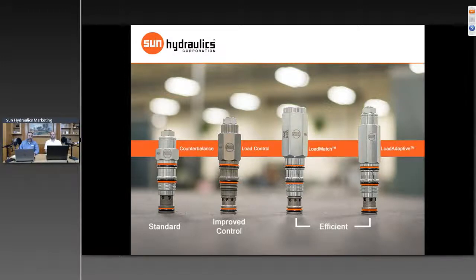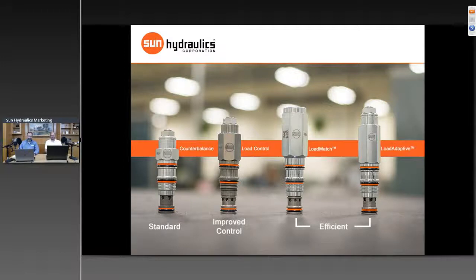Another question just came in. What does Sun recommend regarding the volume between the actuator and the counterbalance valve? The answer there is yes, you want it as small as possible. That's the safest typical response, and there are two reasons for that. Number one, the smaller the volume, the less likely you're going to have a breach between the two, which would eliminate the counterbalance valve's ability to keep that actuator from moving.